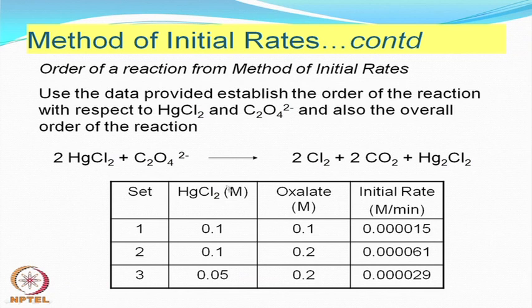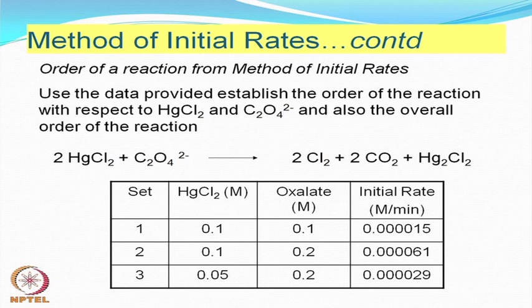Okay. So, we would like to use this information in finding out the order of a reaction. We are using, say, this reaction: mercuric chloride and oxalate producing chlorine gas, carbon dioxide and mercurous chloride. We are using 3 sets for this example. Set 1: mercuric chloride is 0.1 molar, oxalate is 0.1 molar.